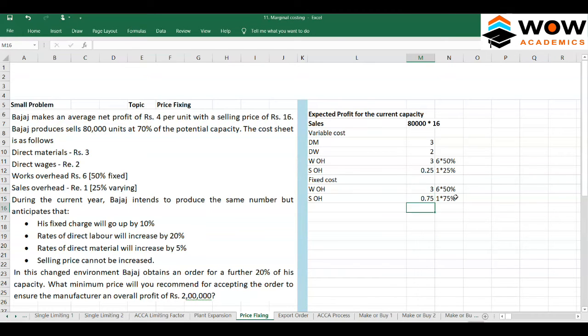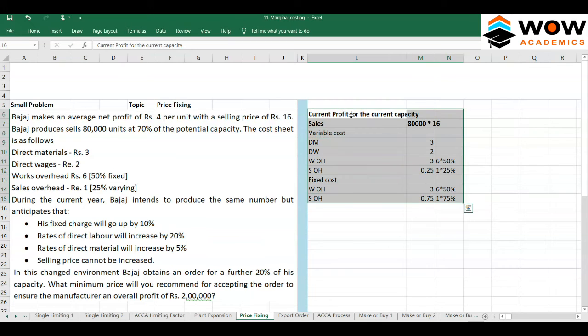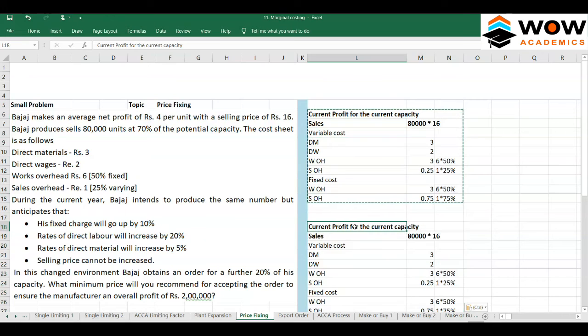It's done till here. We have done the workings, so now we have to increase these costs a little bit. This is the current amount, this is the current profit. If you want to work out the profit, this is the current calculation. We'll put the expected here.